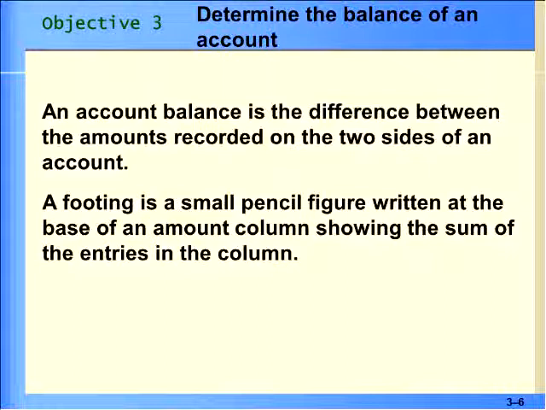So obviously the account balance is the difference between the amounts recorded on the 2 sides of an account. If you had $4,000 service revenue that they paid in cash on September 1st, you would put $4,000 in your debit. Other transactions throughout the month, maybe you paid rent for $1,000.